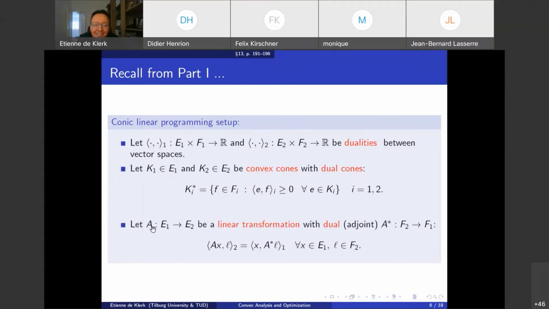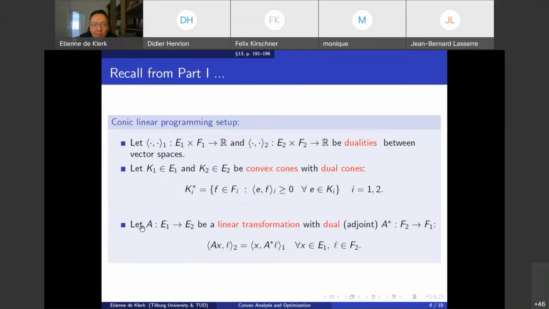And then we also had the A operator that gave us some constraints on the primal problem, and it had an adjoint operator. We remember this trick that if we move the A to the other side, it becomes A star, and the duality changes. Okay, this was our setup from the first part. So exactly the same thing.